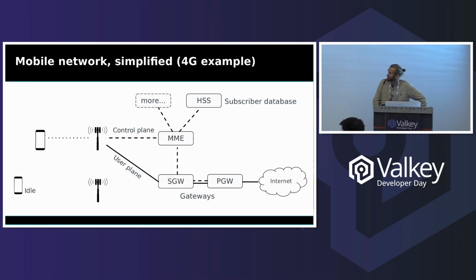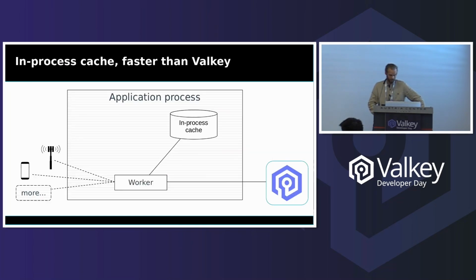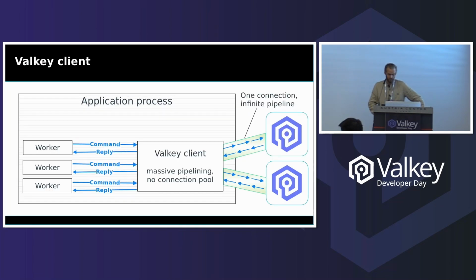Worst case, if we lose Valkey, we can always go back to the subscriber database. That one cannot use Valkey. That one has to use a proper database with real guarantees, the one handling subscriber information. But if a Valkey node is down, the client can queue up.